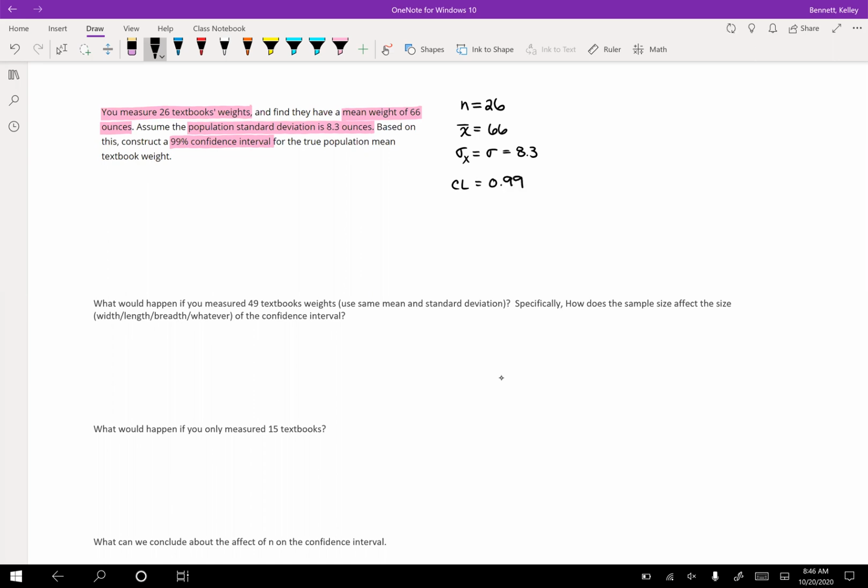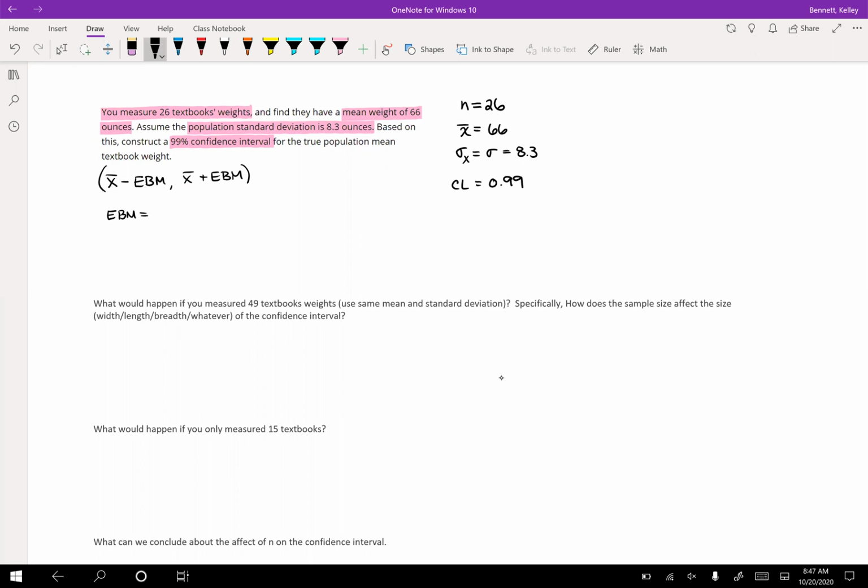All right, so now let's show how this is all worked through. By hand, you're going to have your point estimate, right? So we always have X bar minus EBM, X bar plus EBM, where we know X bar already and we have to compute the error bound for the mean.